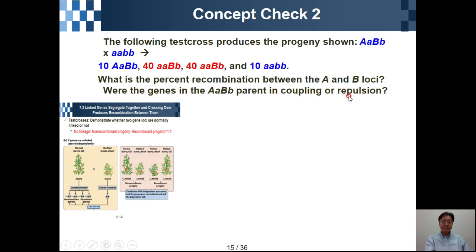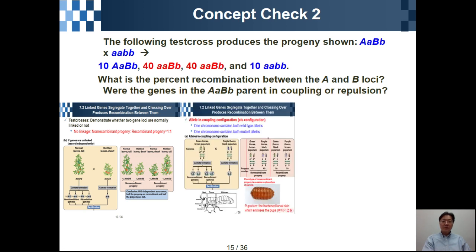We already learned that in coupling configuration, the phenotype of the non-recombinant progeny is exactly the same as the parent phenotype. How about in this case?